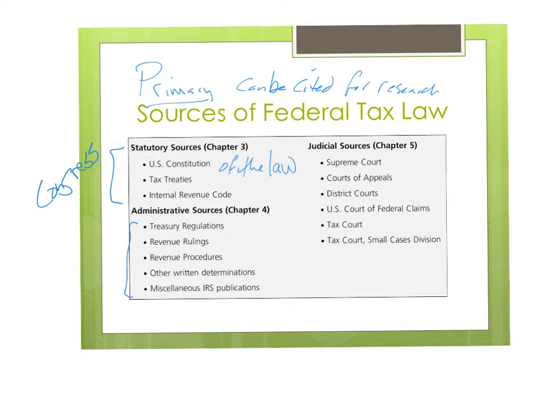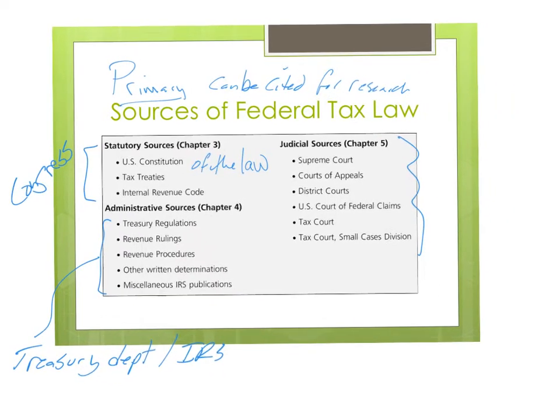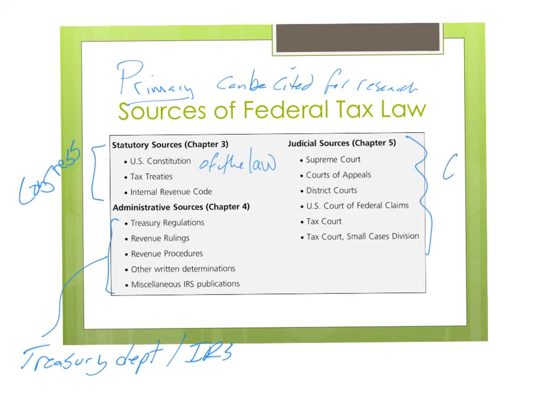The administrative sources come from the Treasury Department, and in some cases, directly from the IRS, all right? And the judicial sources, as you might have already guessed, come from the courts, okay?